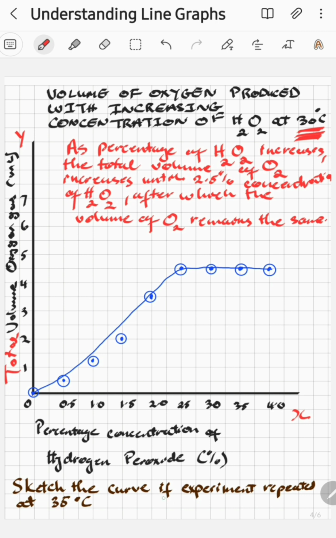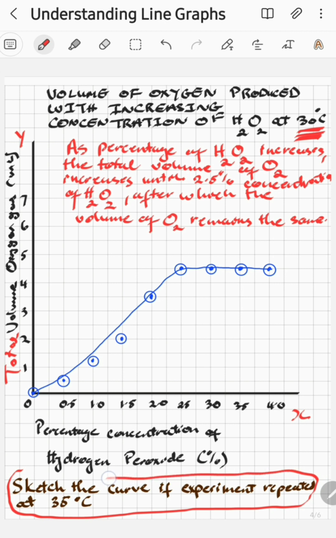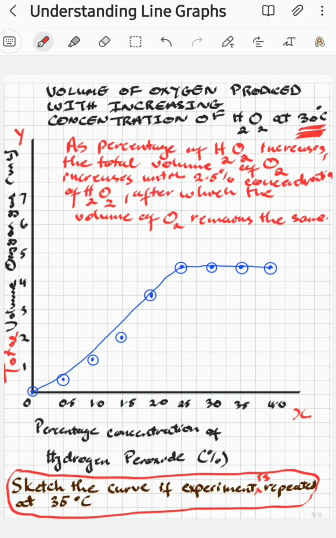Now, here's a little question here. It says sketch, and you may see something like this, right? You typically see these type of questions being added to a graph. And they will typically ask you to sketch the curve if the experiment is repeated at 35 degrees Celsius. So we have to ask ourselves, what impact is this going to have? Now, the shape is going to remain the same. However, at a higher temperature, the rate of this reaction will increase.